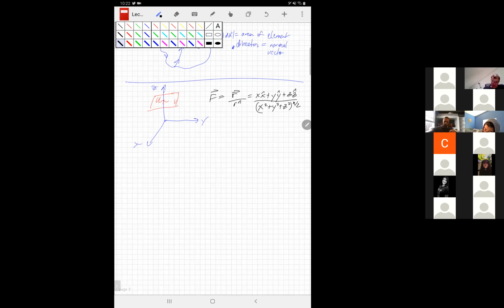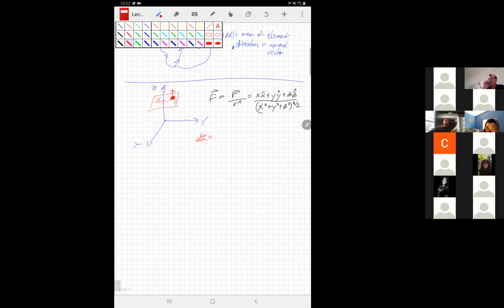So let me ask you, what would be the differential element of area? If I want to have a little square coming up out of that surface, perpendicular to the surface, I need to somehow write dA in terms of dx and or dy and or dz, and I need to specify its direction in space.